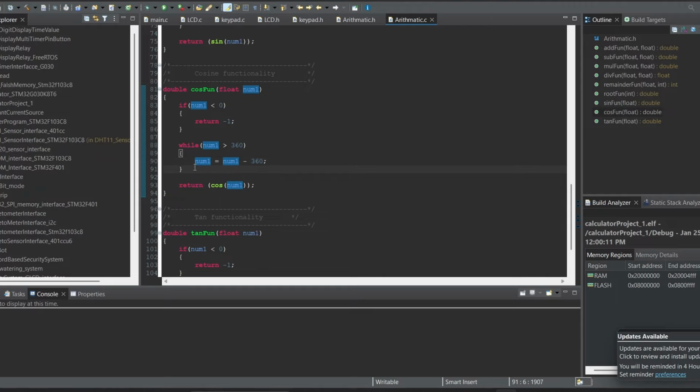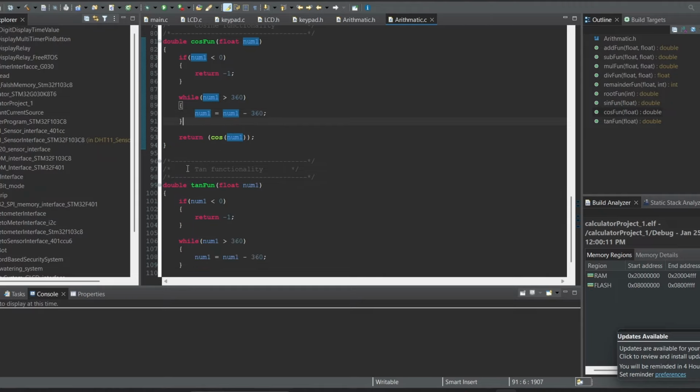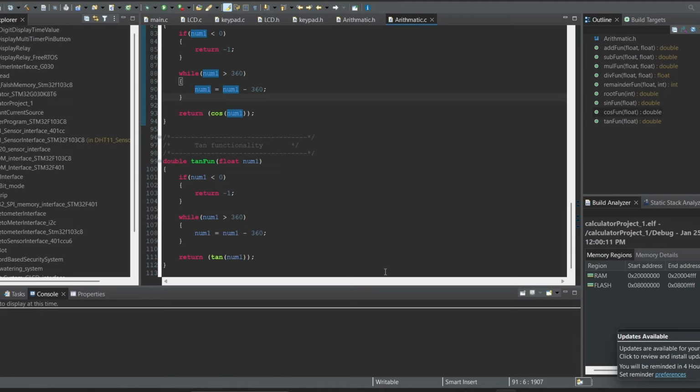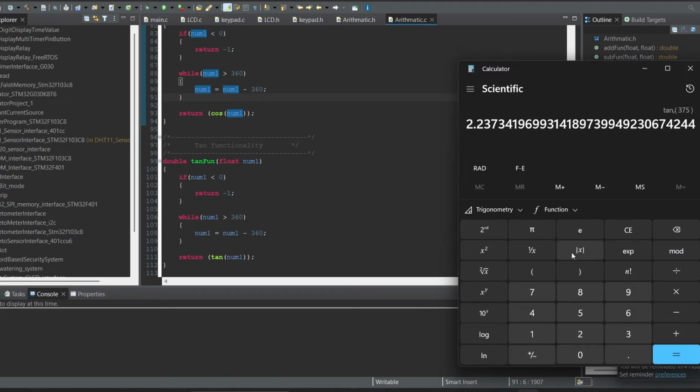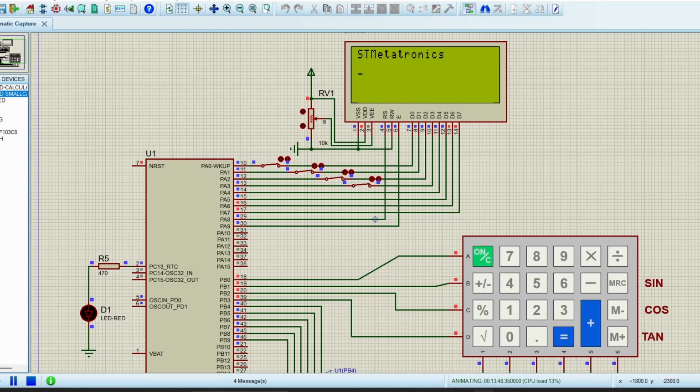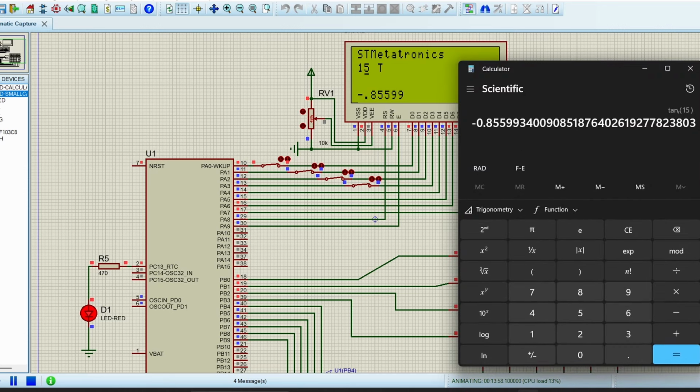So we should get cos, sin, tan. Tan of 15 should be 0.85599. If we check tan of 15, it is correct; we are getting the correct value.